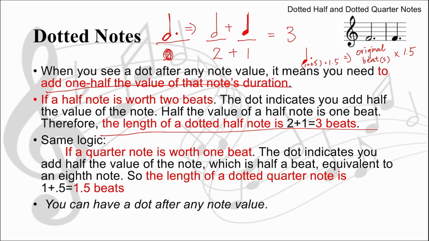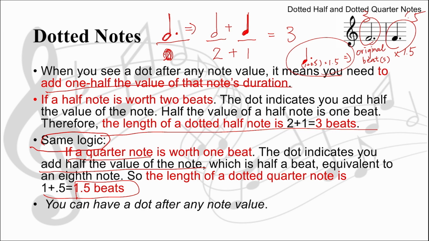For example, here we have a quarter note. The dot indicates you add half the value of the note, so the length will be 1.5 beats. So this one is 1.5 and this one is 3.